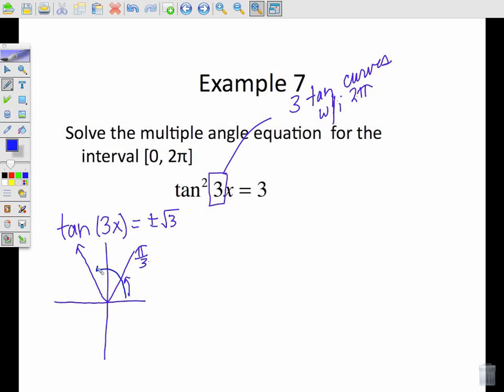And then the second time, this is negative here, so that's at 2/3 pi. And then the third time would be here at 4/3 pi.